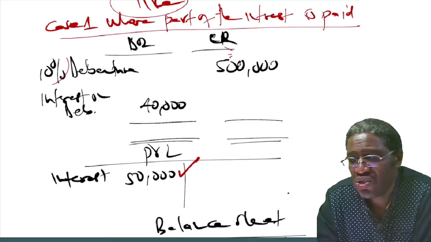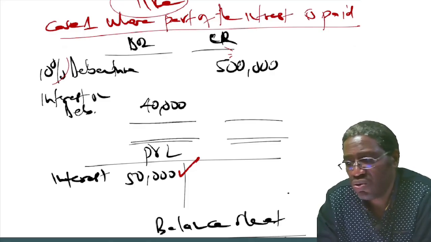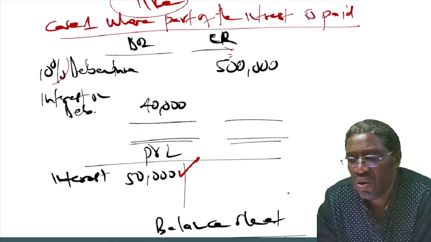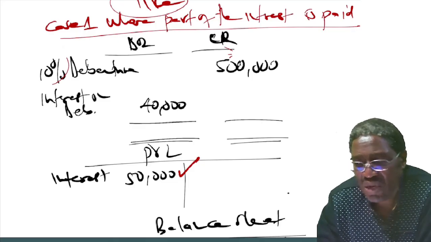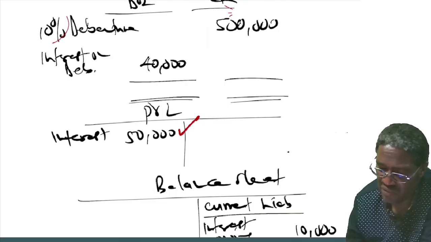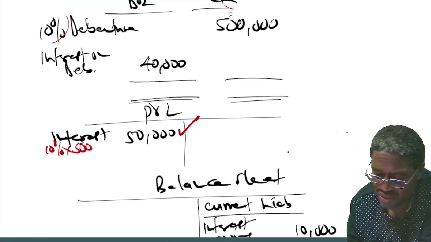Then below that, you show a section of the P&L, the income statement section. There we have charged interest of 50. You may want to remind yourself, how did we get that 50? We took 10% of the 500,000.